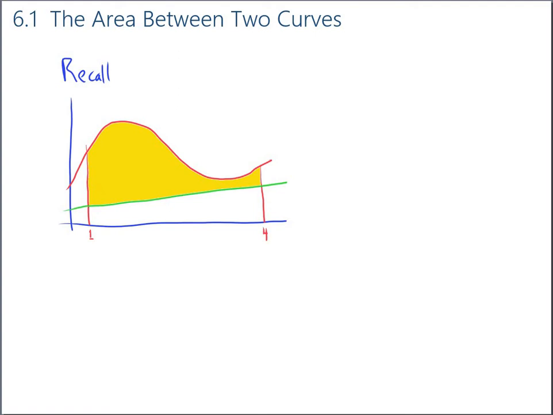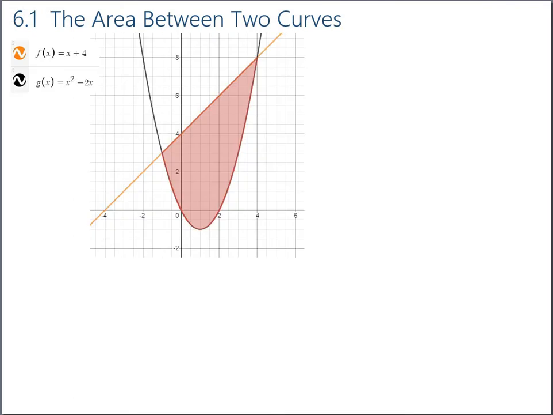So let's go ahead and look at a sort of algebraic example. Let's get a couple curves here. I've got x plus 4, and I've got x squared minus 2x. And you can see these curves do have an area in between them. It's already shaded. Unlike my previous example, I don't know exactly where I'm starting and where I'm ending.